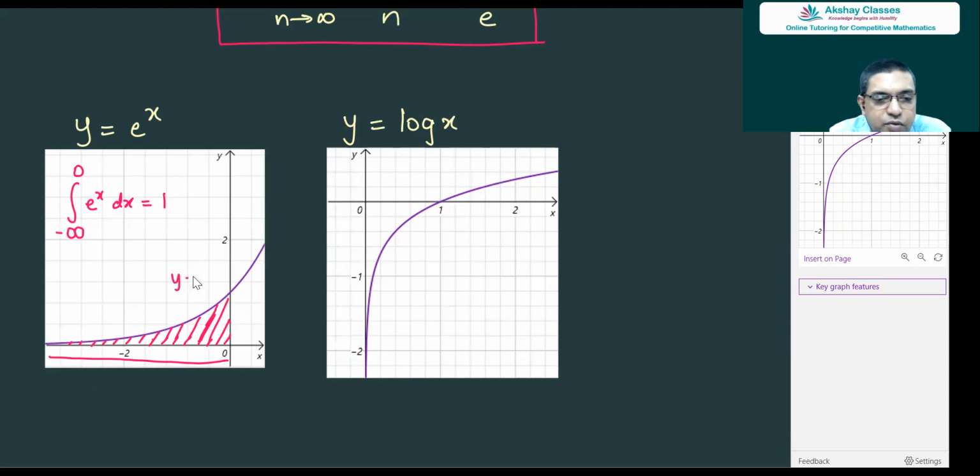Okay, this is the y equal to e power x graph. Now log x is just a reflection of this graph about the line y equal to x. So this shaded portion will be the same as this shaded portion.